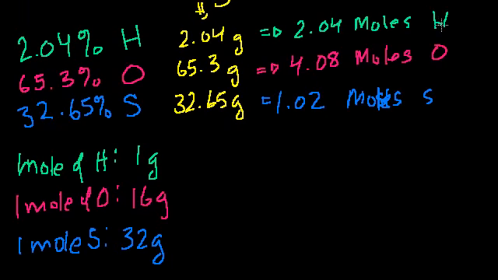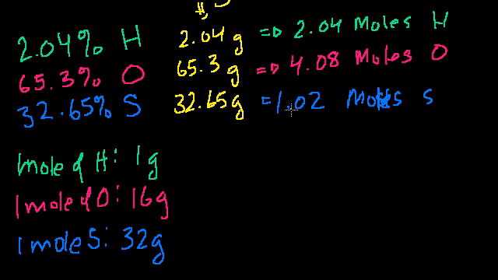So here you should hopefully see a pretty good ratio. I actually made up this problem before, so I made it so the numbers worked out. For every mole of sulfur, so for every 6.02 times 10 to the 23 sulfur atoms, you have 2 moles of hydrogen. This ratio is 1 to 2. 2 times 1.02 is 2.04.